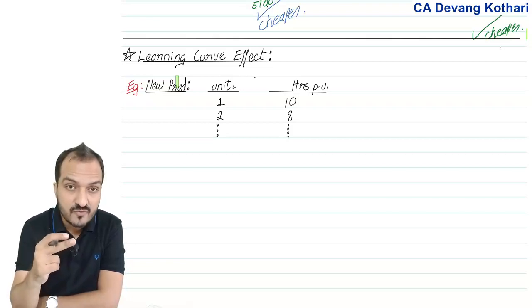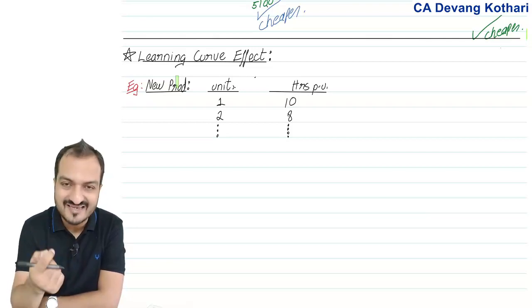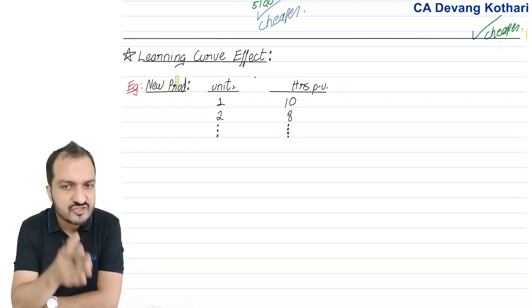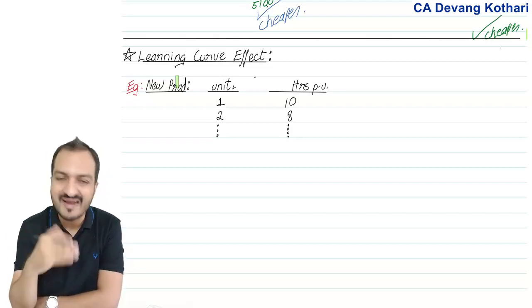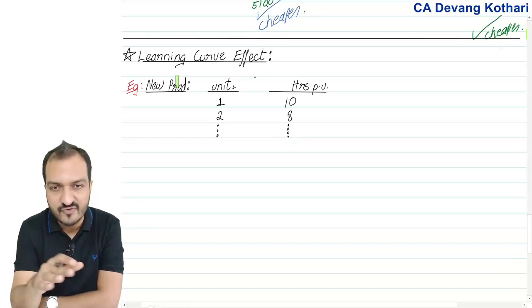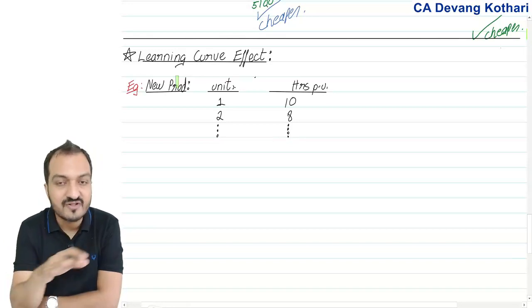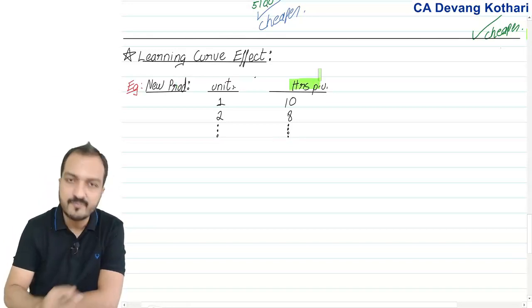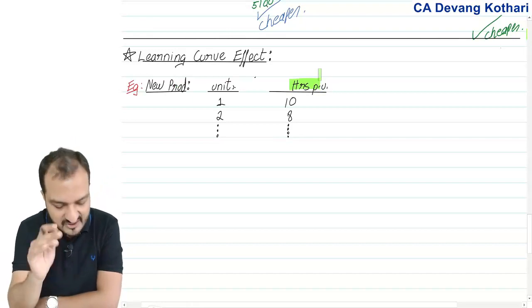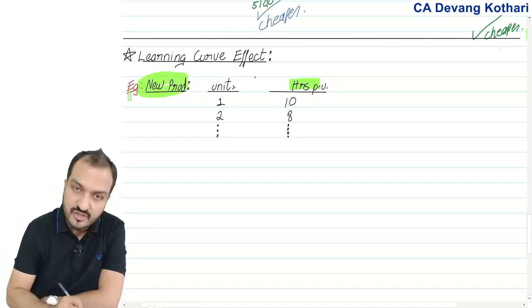For the initial few units, you keep saving time. Thereafter, a time will come when the time saved will not happen, then your hours per unit will become consistent. That's why I take the example of a new product.